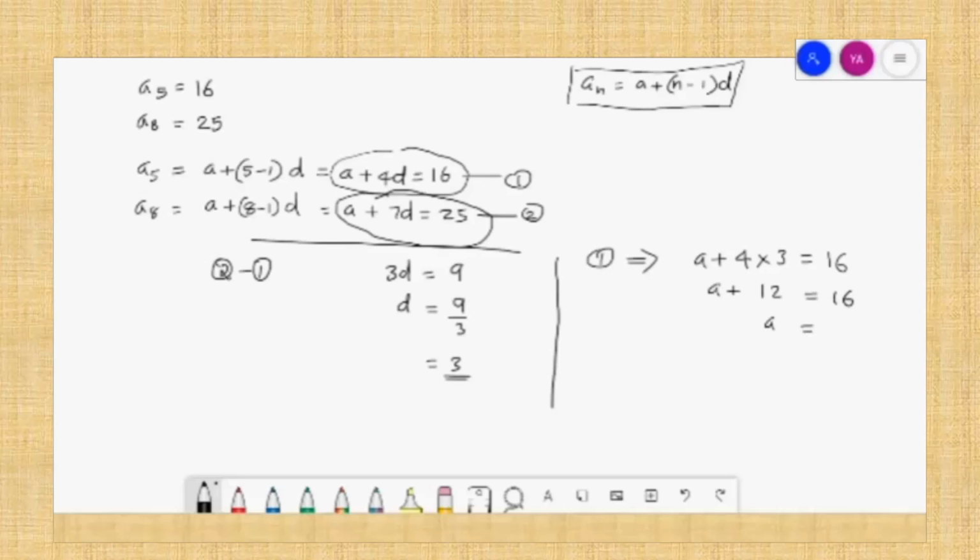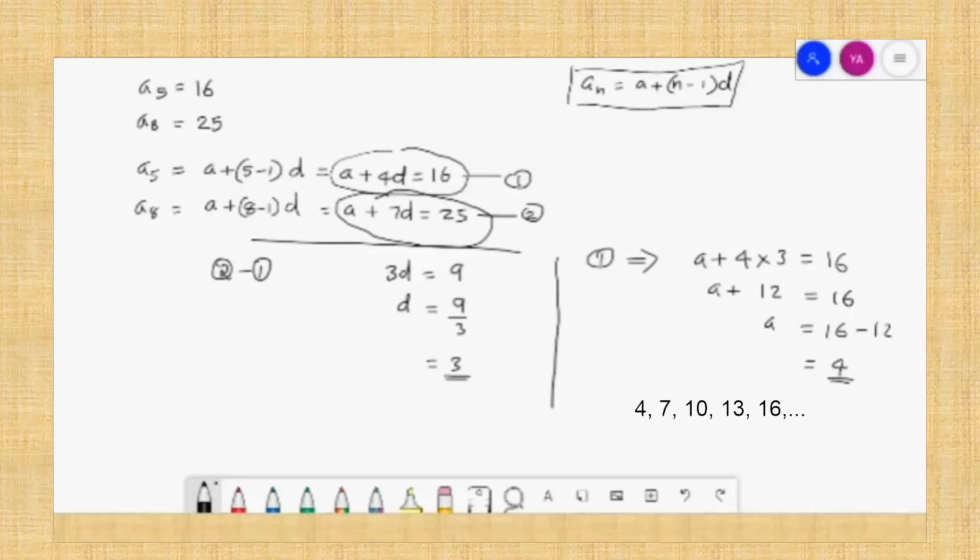So a = 16 minus 12, so a = 4. Now we have the first term and the common difference, 4 and 3. So we can form the progression. We start from the first term and add the common difference repeatedly to get the next terms. So our progression is 4, 7, 10, 13, 16, and so on.